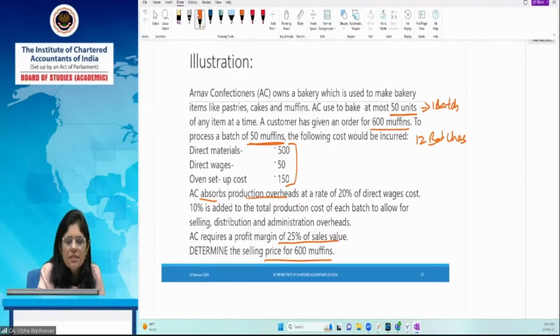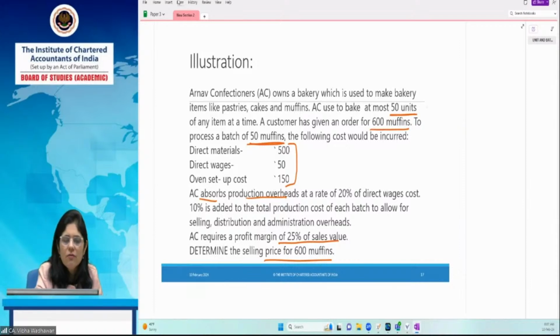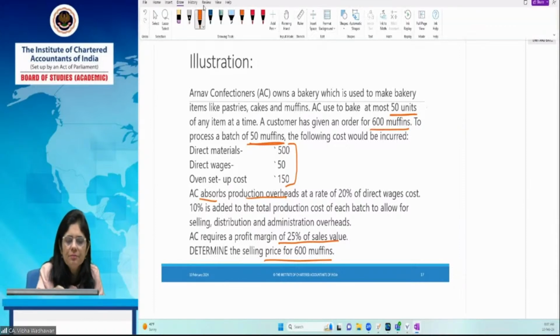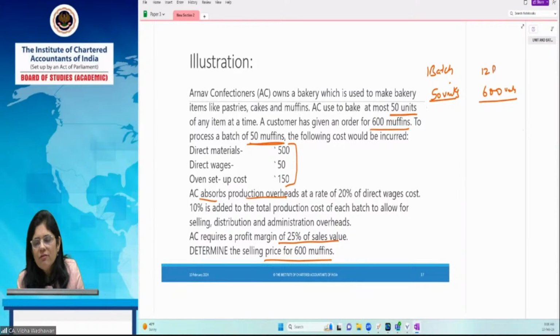Now let us see. So I'm just erasing it off. Let me explain to you now how we do it. So let's start. We have the costing for 50 units. That means one batch. Clear? But we need the cost for 600 units. That means 12 batches. Clear?